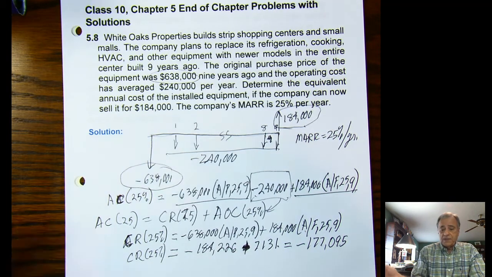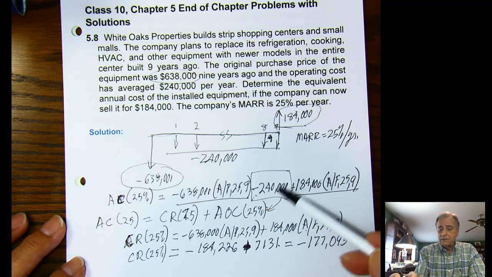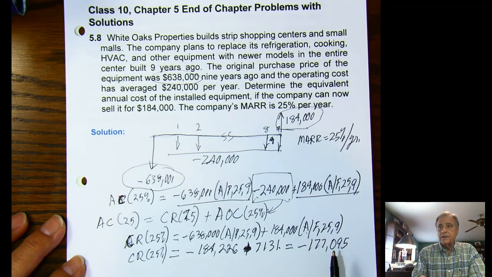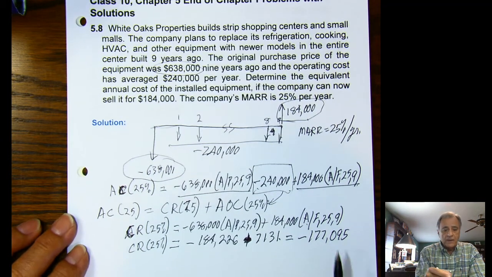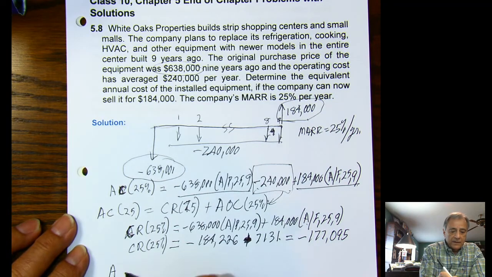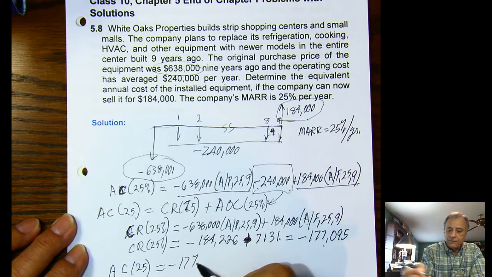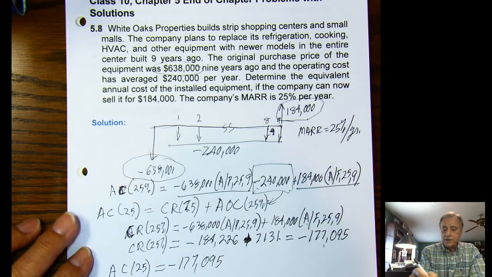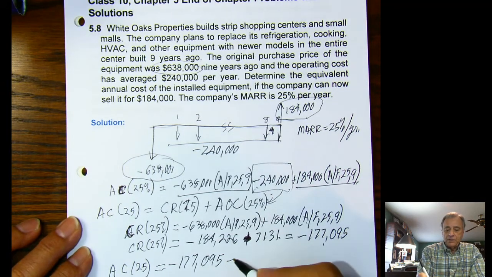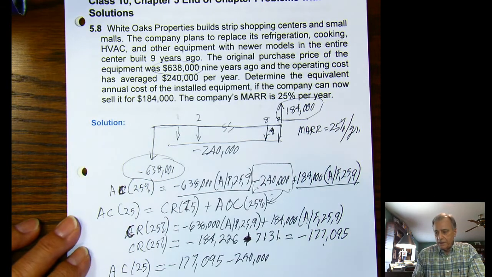And then I'm just going to add the annual operating cost, the minus 240, to that to get my final answer. So AC at 25%, the annual cost at 25%, is minus $177,095 per year for 9 years, minus 240,000 per year for 9 years.